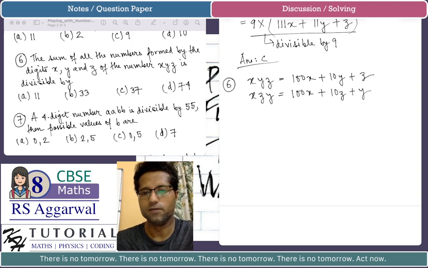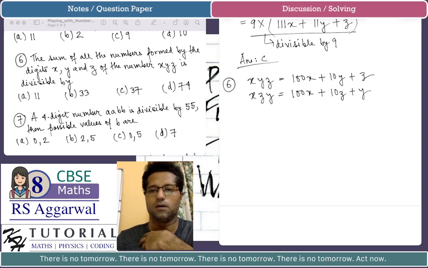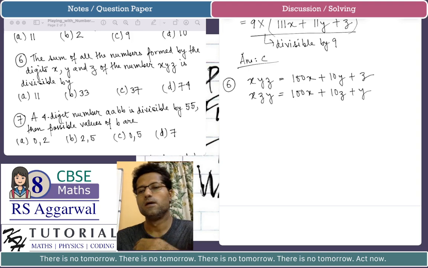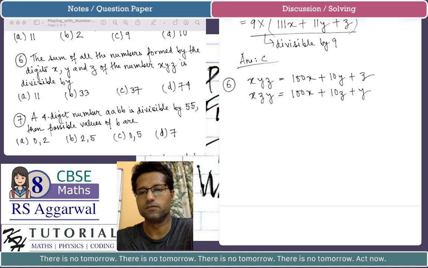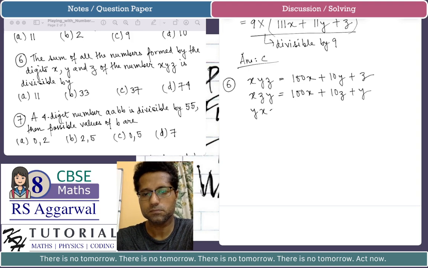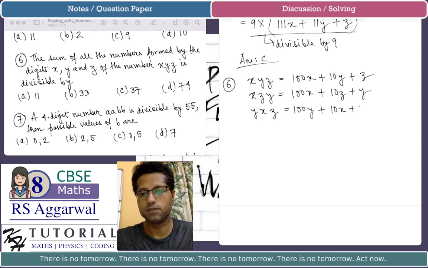Now let's put x in the tens place. So we are left with y and z. Let's say yxz, which is equal to 100y plus 10x plus z.